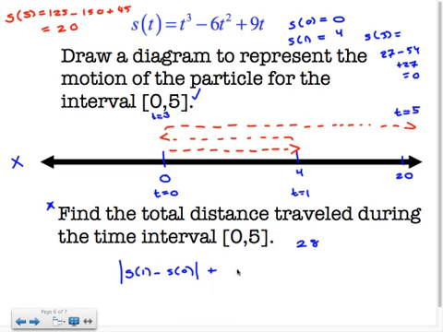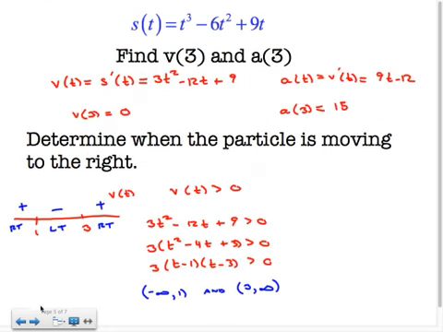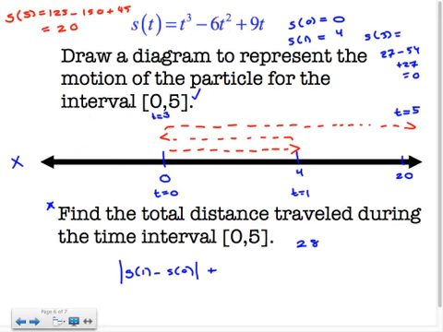The next interval was from time equals 1 to time equals 3. So if I take the displacement at time 3 minus the displacement at time 1, that'll give me how much it displaced, in this case to the left. So this is a negative number, but I put absolute value bars around it to make it positive.